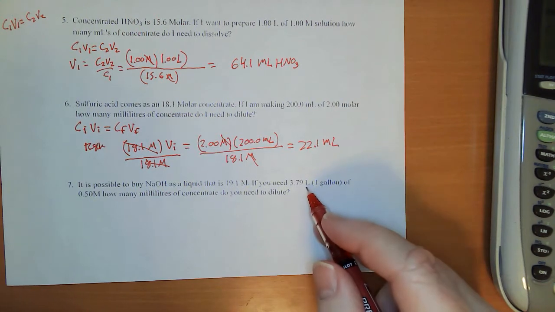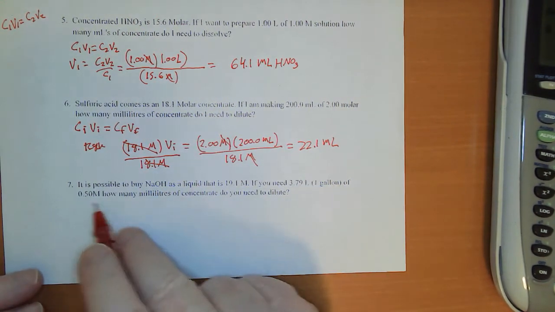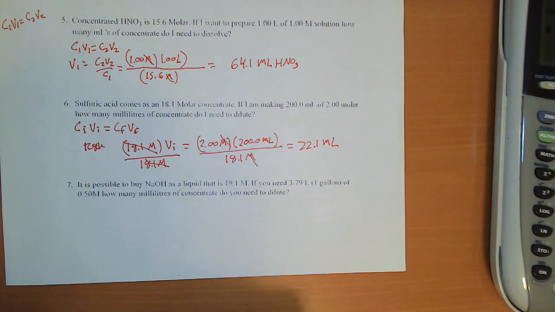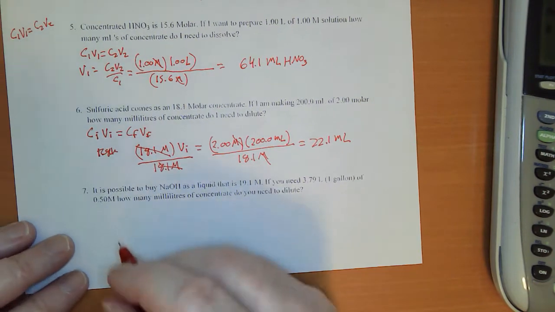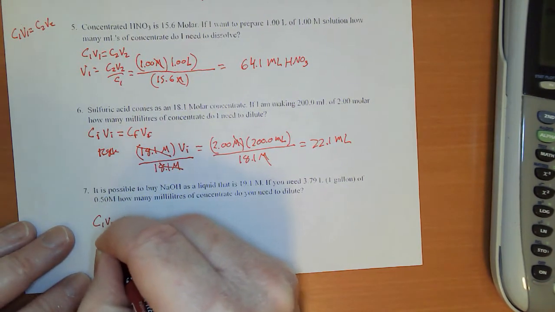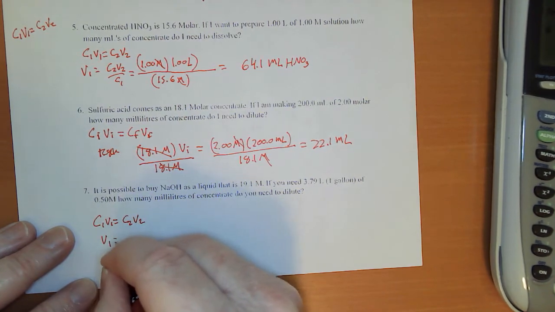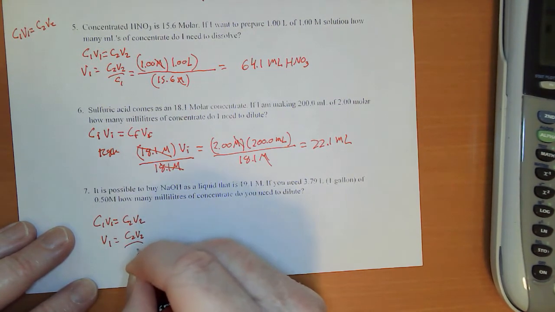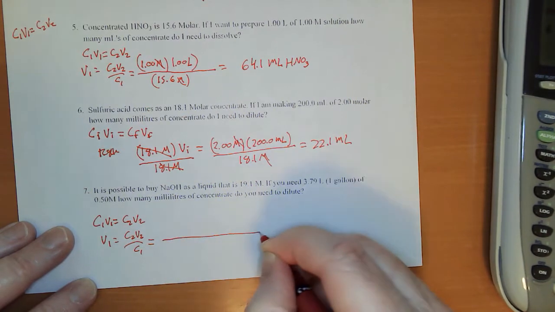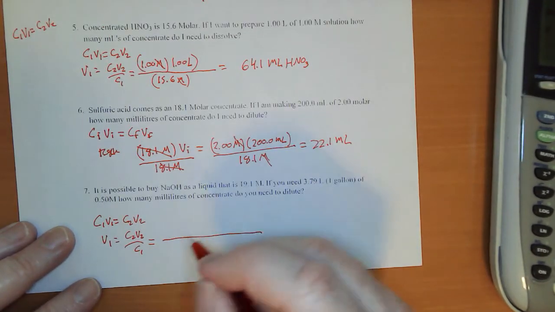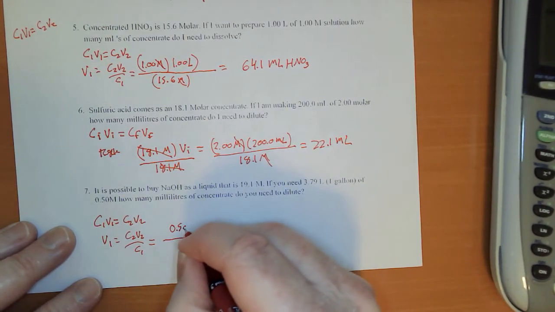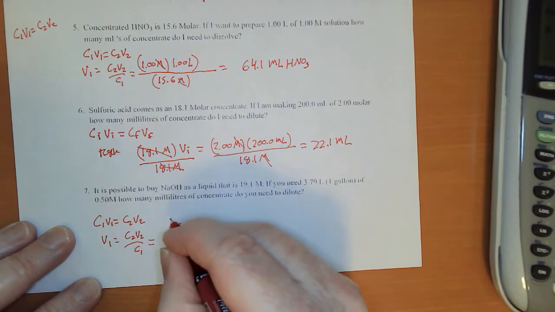So I'm looking to make 3.79 liters of 0.5 molar NaOH. How much of the 19.1 molar do I need? C1V1 equals C2V2. So V1 is C2V2 over C1. So I'm trying to make 0.500 molar.